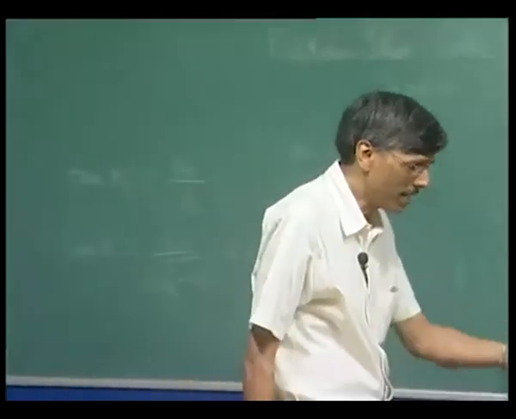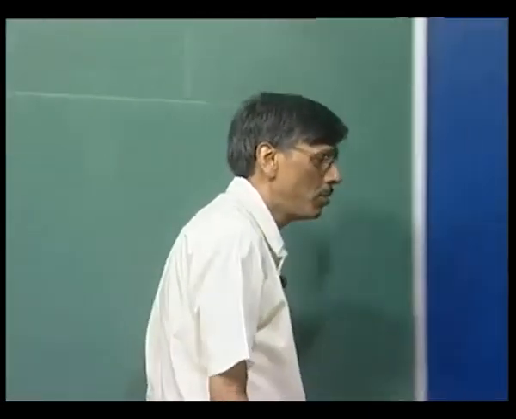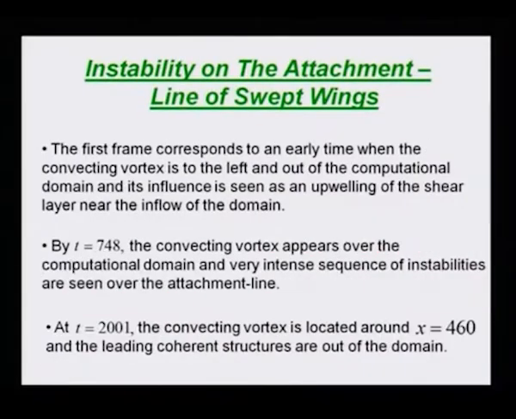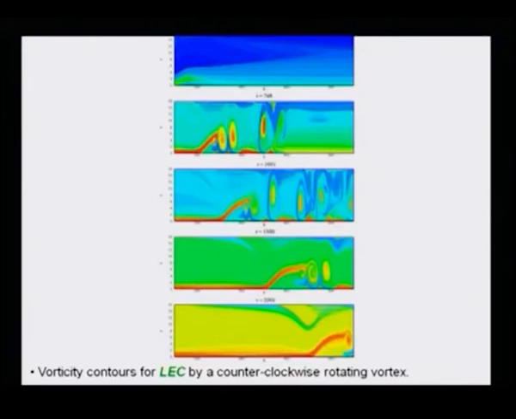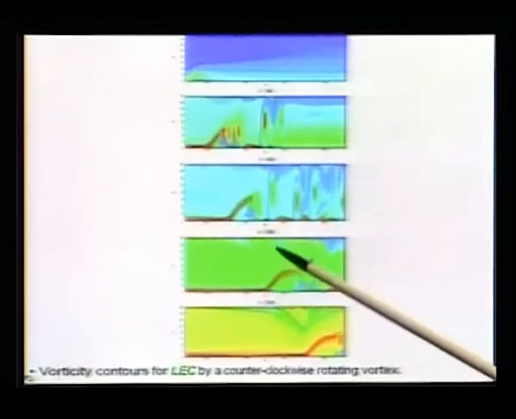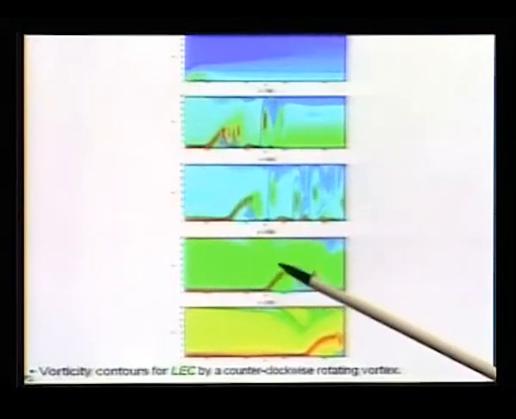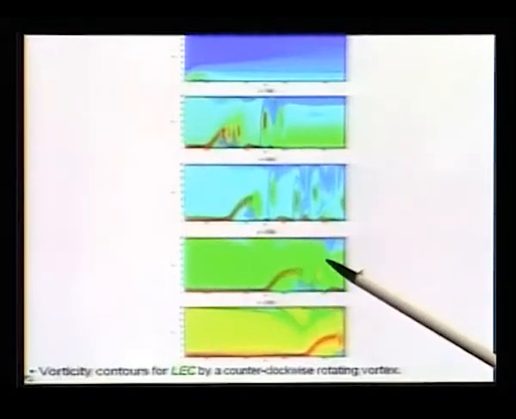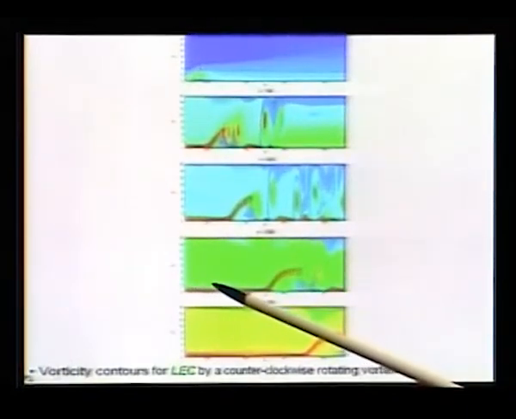Looking at the last two frames itself, you can tentatively guess where the vortex is. Like what we are seeing here, there is a thinning down here. So, the vortex must be somewhere ahead of this. On this side it is creating instability, on this side it is thinning down the boundary layer.